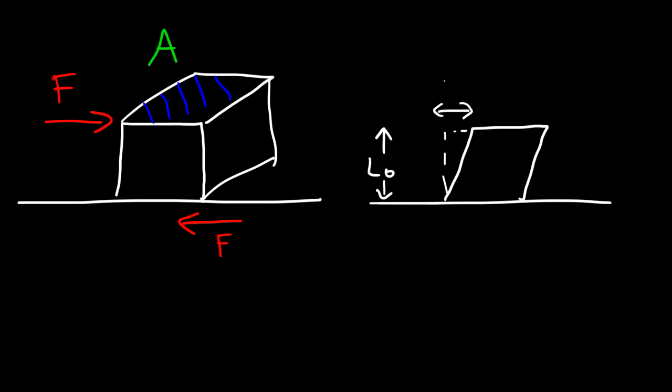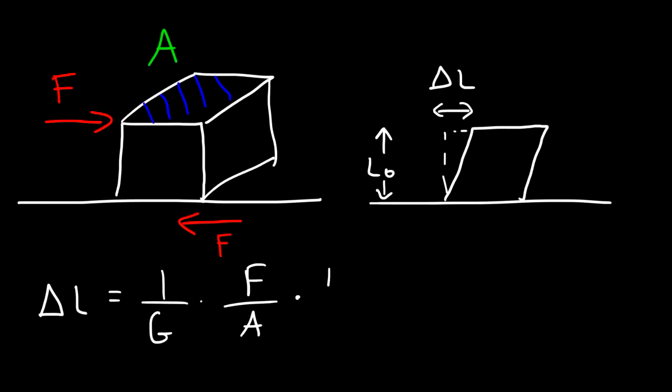And this is delta L when dealing with shear stress. So we're going to have a very similar formula to the last example. Delta L is going to be 1 over G times F divided by A times L initial.